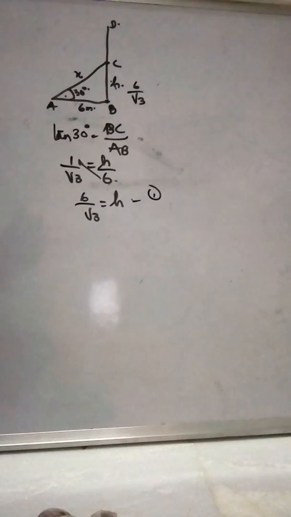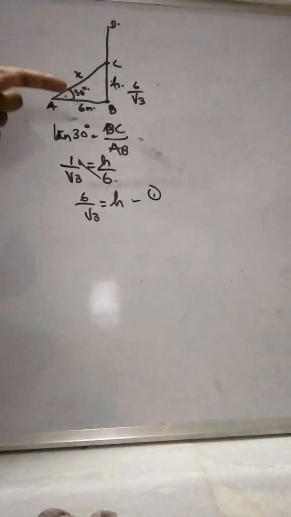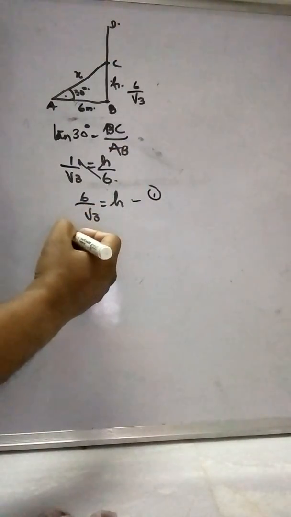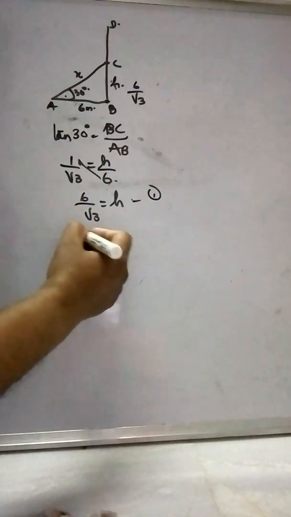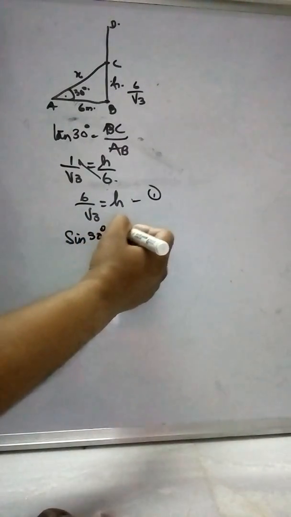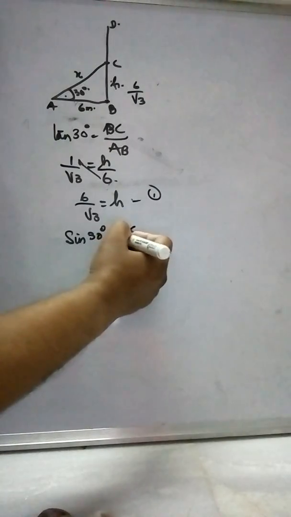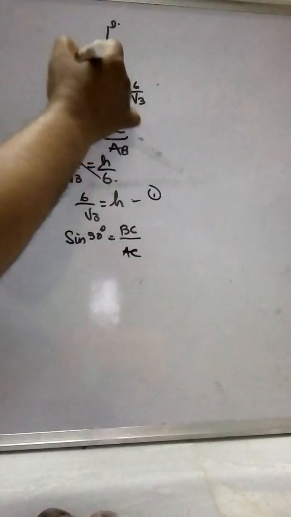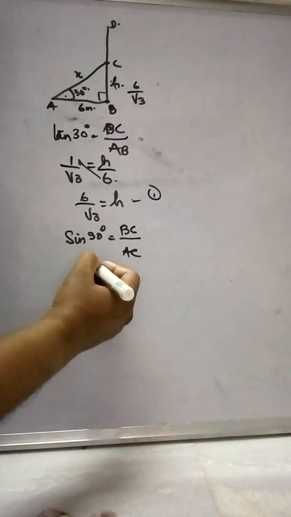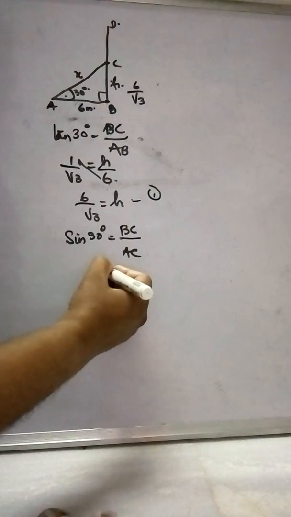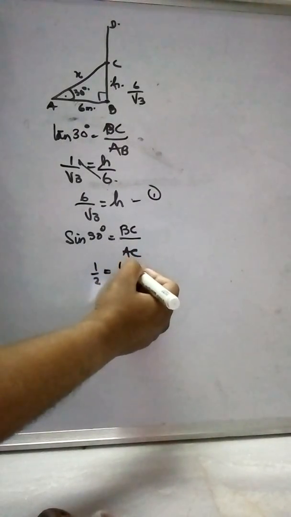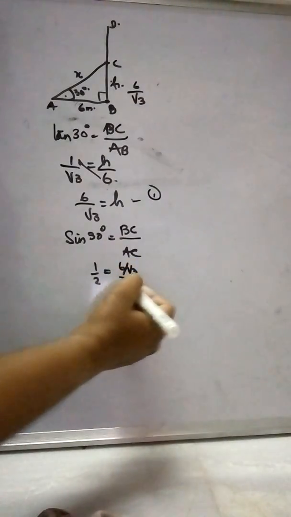Now if I want to find AC, for AC this is opposite by hypotenuse. So I'll take sine 30 degrees equals opposite, that is BC, by hypotenuse, that is AC. Since this is 90 degrees, this becomes the hypotenuse. Sine 30 degrees is 1 by 2, equal to BC, which I have as 6 by root 3, whole divided by AC.